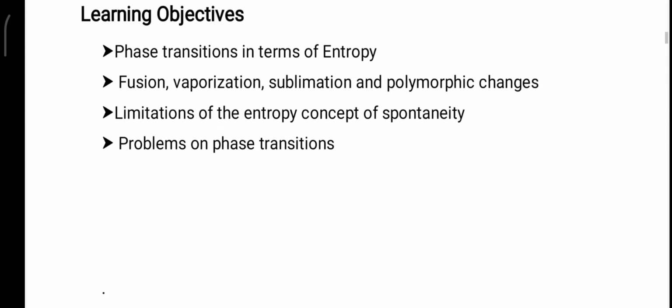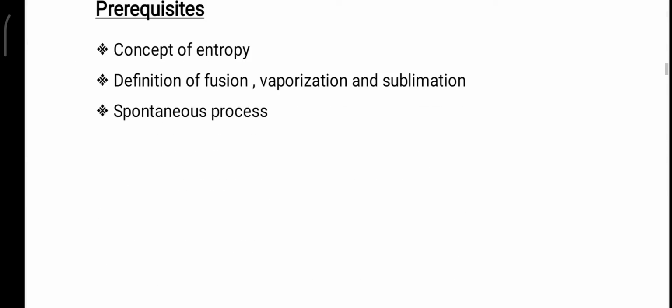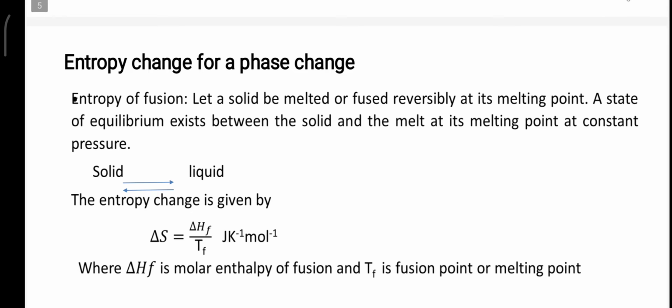So one such important process is called the fusion process. Here you need to know the entropy change during this process. Here we should consider 1 mole of a substance that is solid, and this process will take place at its melting point. We need to know the enthalpy change and the melting point of the solid.